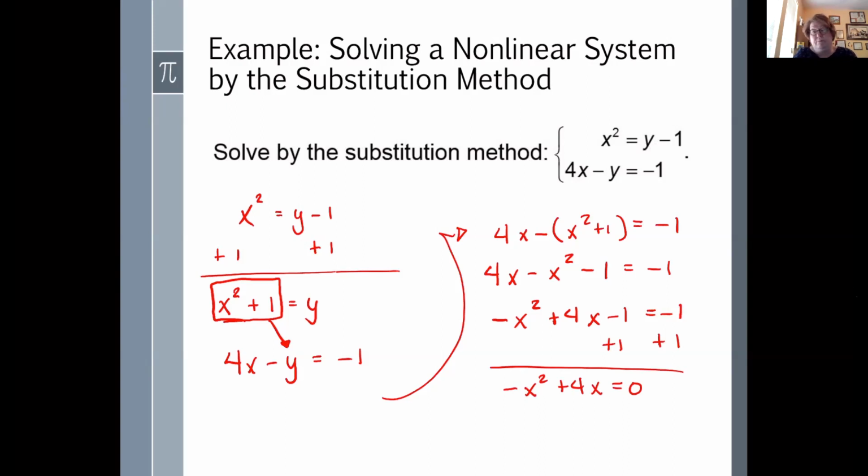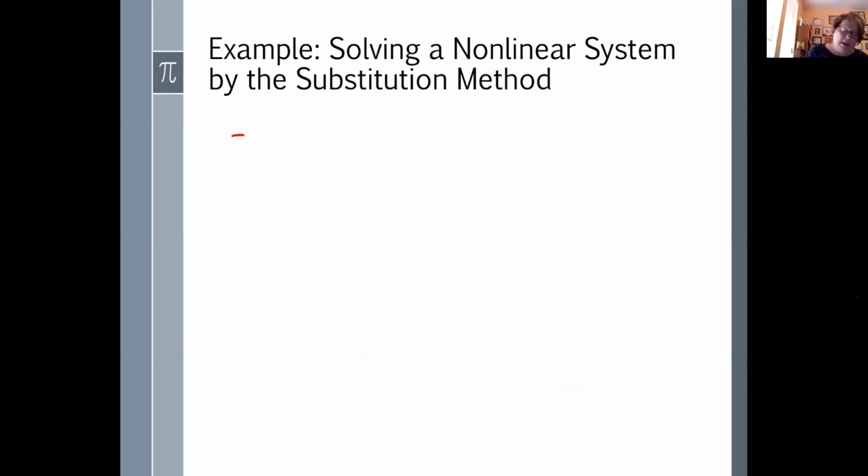As a matter of fact, I don't think I'd want to use the quadratic formula on this. However, if I did use the quadratic formula on it, A is the coefficient on the x squared, B is the coefficient on the x, and C is 0 here, because when I added 1 to both sides, I got 0. So you could use the quadratic formula. I'm not going to. It's just a little bit more work than I'm willing to do. So I have negative x squared plus 4x equals 0.